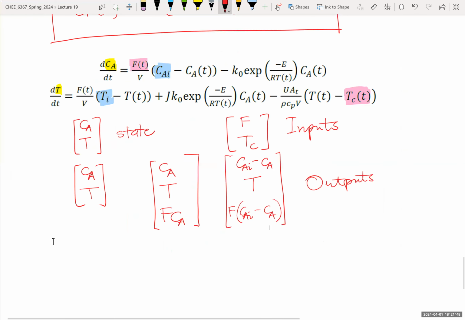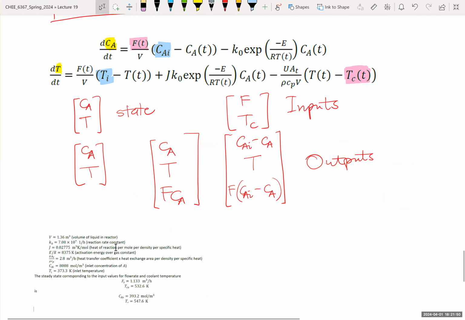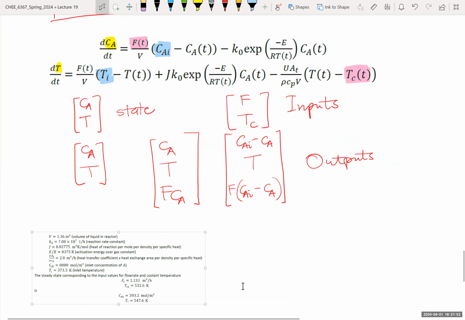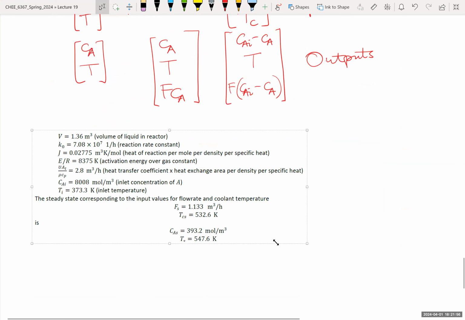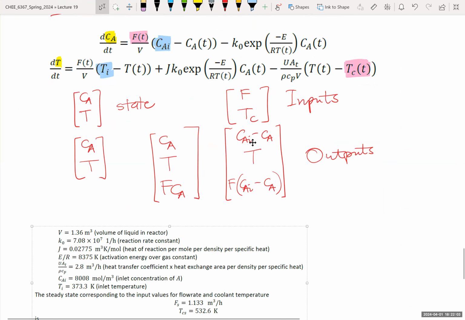I can solve these equations at steady state. So if the inputs to this system are these values, so we said the inputs are here, F and TC.